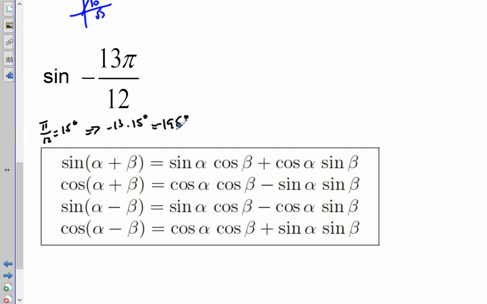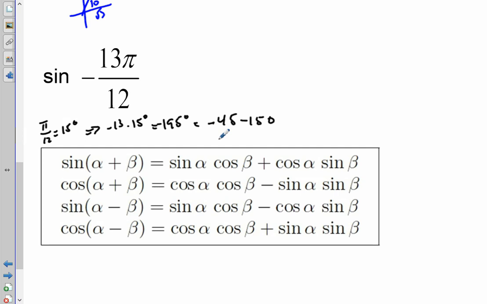If you took 195 degrees and broke this down, you could actually say that this would be equal to negative 45 degrees minus 150 degrees, like we had before. And so, what is that going to equal?